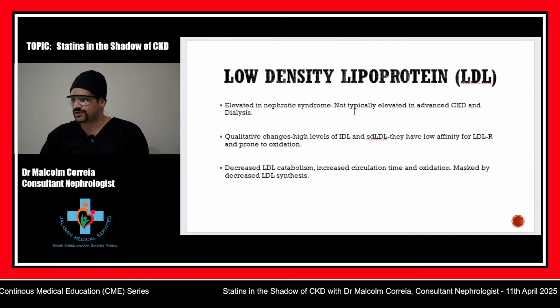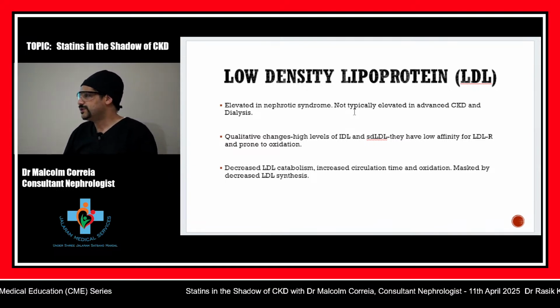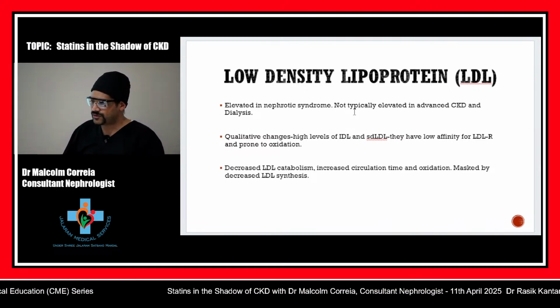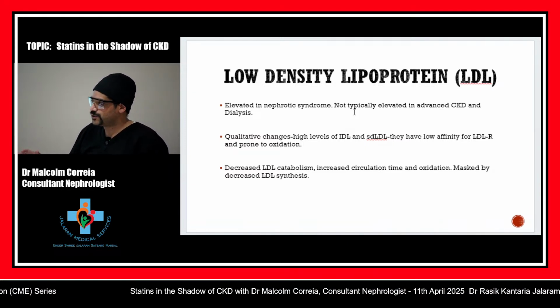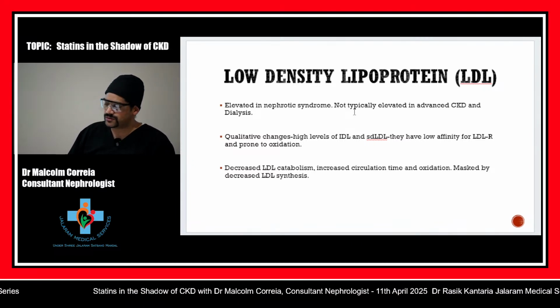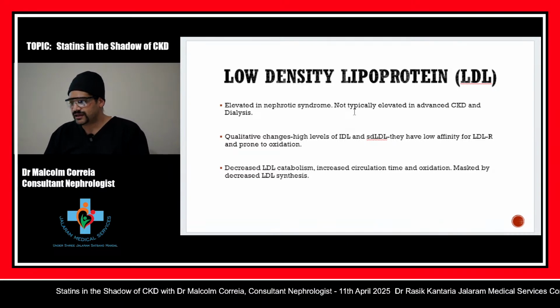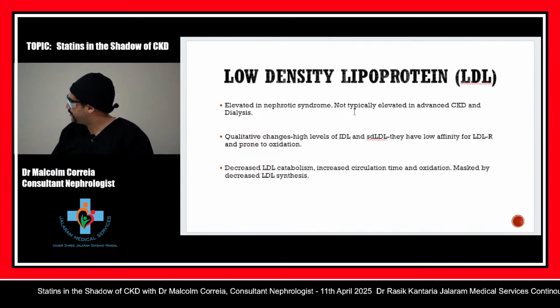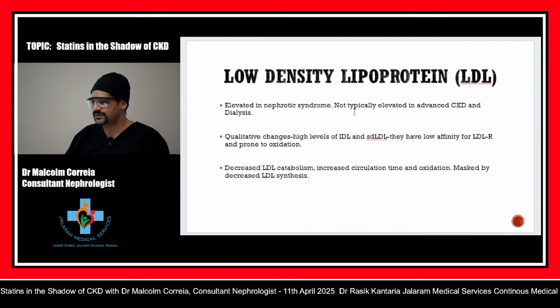Because of that, there is promotion of excess LDL oxidation. And LDL is not only increased in nephrotic syndrome. It's typically elevated in nephrotic syndrome, not really that much in patients with CKD and those on dialysis. There are qualitative high levels of IDL and small dense LDL.